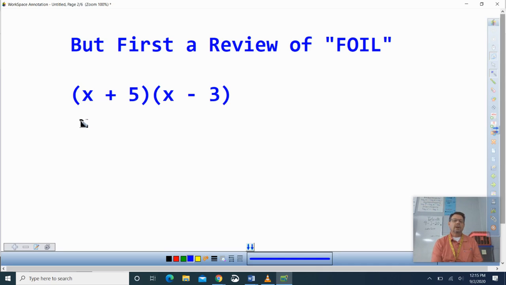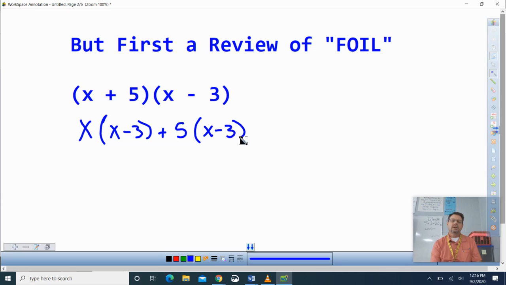What I like to do is take x times everything over here, so that's x minus 3, and then we're going to do 5 times both of those, so that's plus 5 times x minus 3.